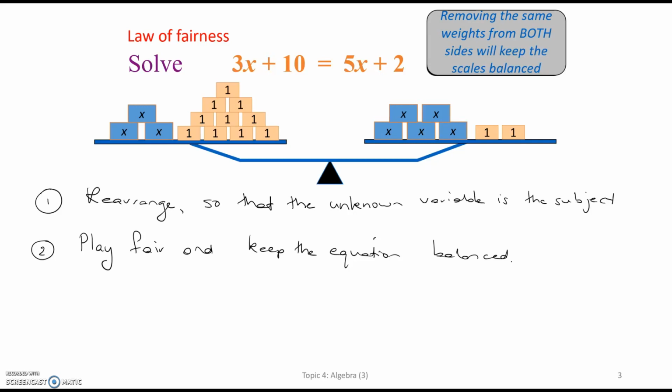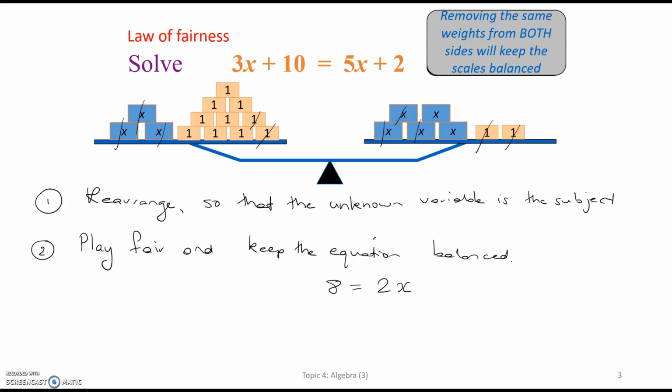For example, if you were to take off an x and an x and an x and an x and an x and an x, it's going to stay balanced. If you take off a 1 and a 1 and a 1 and a 1, it's going to stay balanced. Now if you look at what you've got left, you've got 2x equals 1, 2, 3, 4, 5, 6, 7, 8.